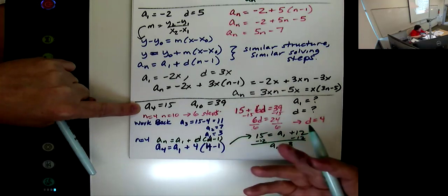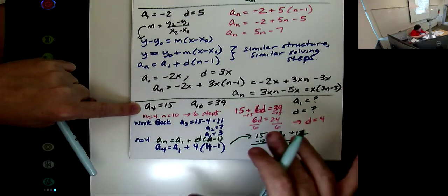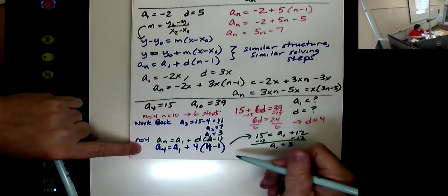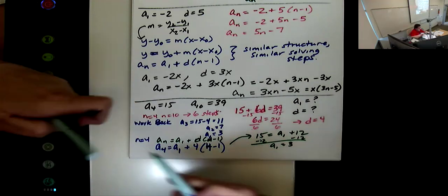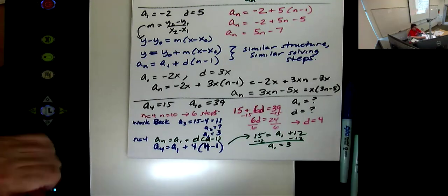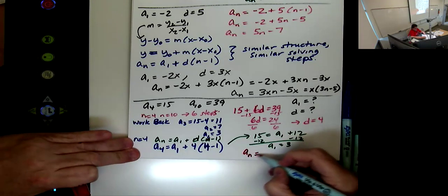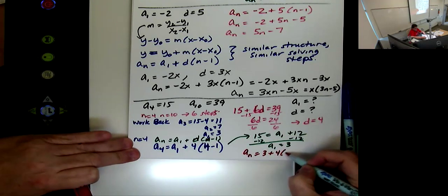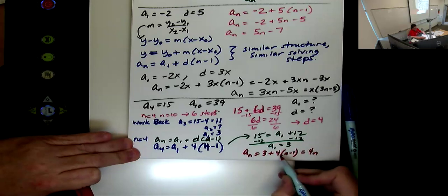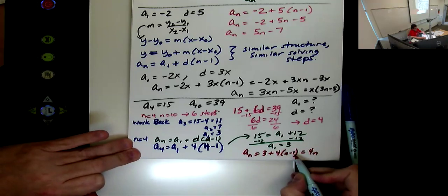I'm not going to feel comfortable if I just jump. But if I did this, I would feel more comfortable with it. So this equation is a sub n equals 3 plus 4 times n minus 1. I distribute the 4, I've got 4n minus 4 plus 3.